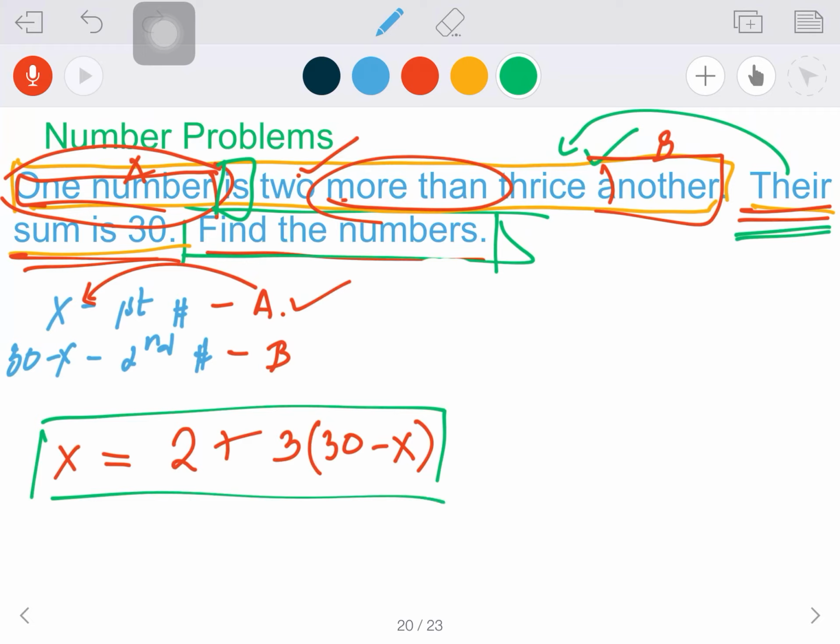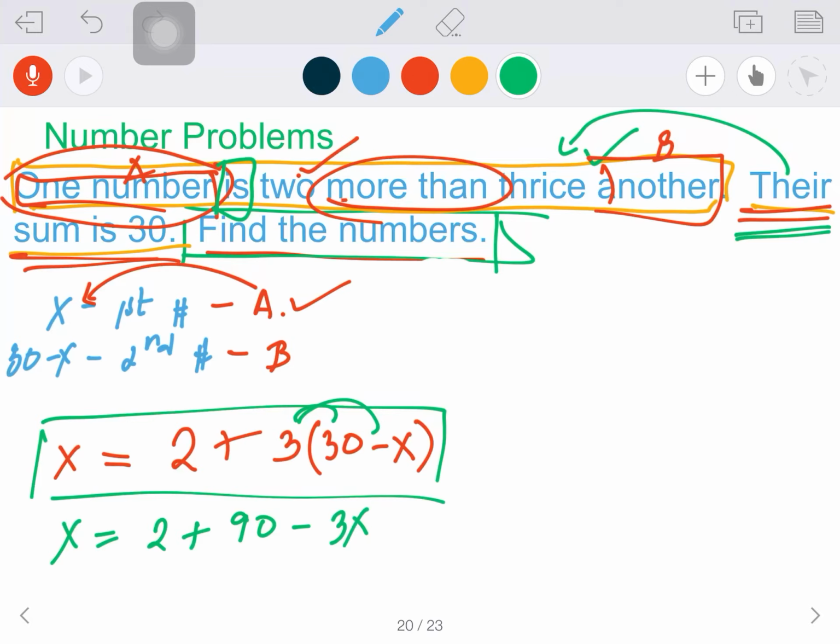So the equation, after that, we have to solve. First, we get rid of the parentheses. So this would be x equals 2 plus, distributing, 90 minus 3x.